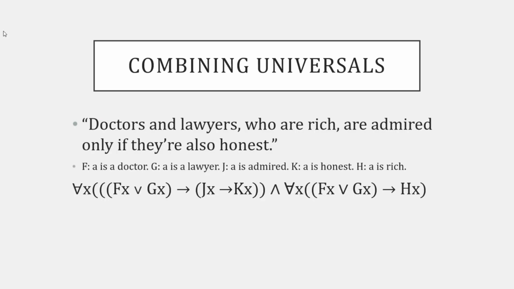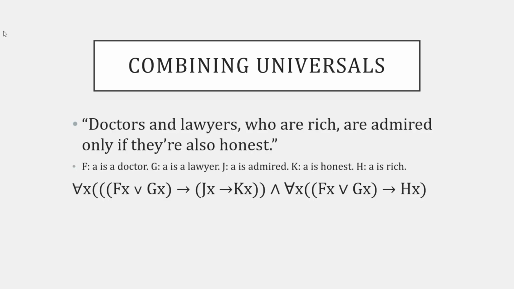Now, here is one perfectly good way of symbolizing this. This captures the non-restrictive relative clause. It has got two things that it's saying. You might want to symbolize that as two separate universals. The one on the left says, if anything is a doctor or a lawyer, note the "or", despite the fact that it says doctors and lawyers.